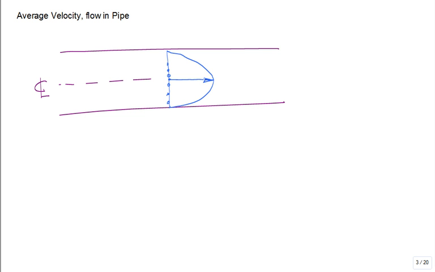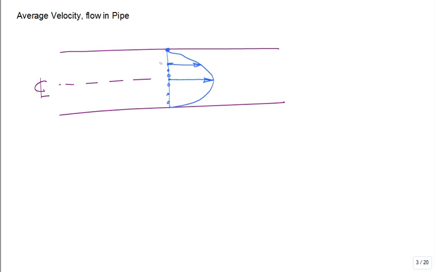So I'll draw the length of that blue vector down the axis to be longest, indicating the greatest speed. And then maybe halfway out toward the wall, it's slower, but it's not zero speed. And then at the wall, because of the no-slip boundary condition, it has to have zero speed. So that would be a velocity profile.